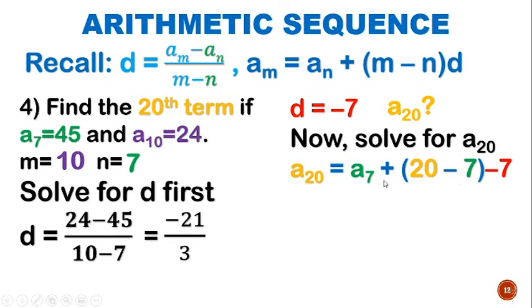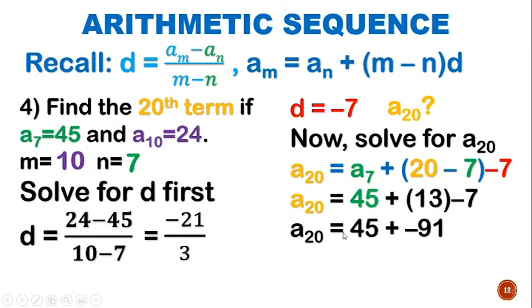These are the subscripts. Then where did we get the negative 7? That's the value of D. Now, A sub 7, do we know the value of A sub 7? Yes, that's 45. Okay, so A sub 20 equals 45 plus 13 times negative 7. 13 times negative 7. So 45 plus negative 91, and that will yield negative 46.